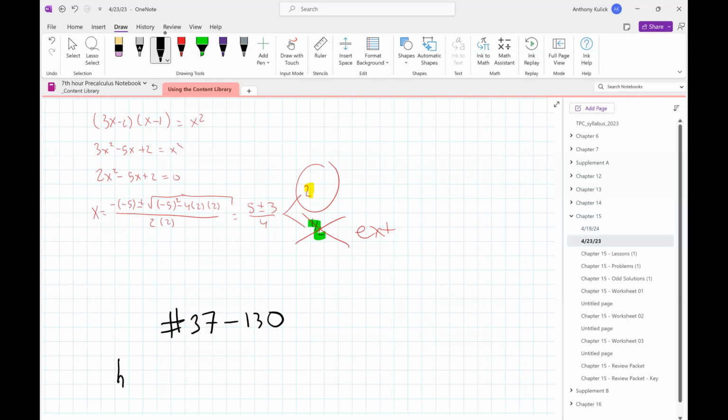Next class, you can expect your homework quiz. Really, if you've done the 15.1 and 15.2, you should be good. That's the 1 through 36.